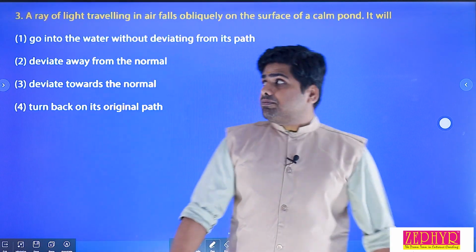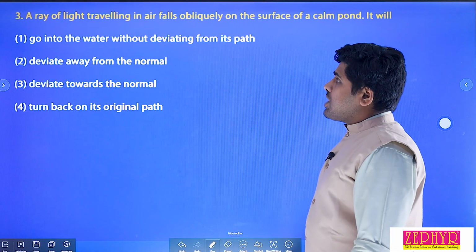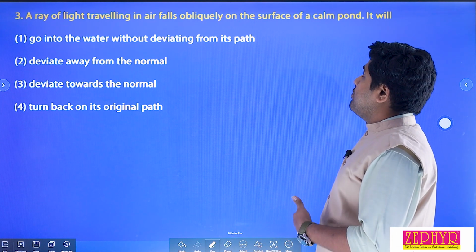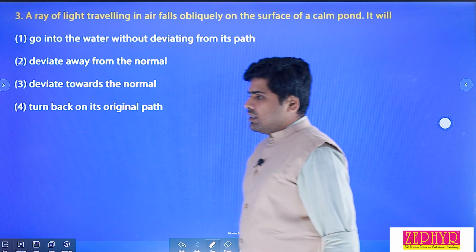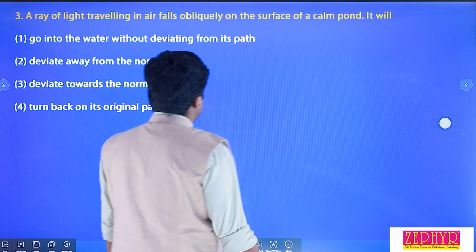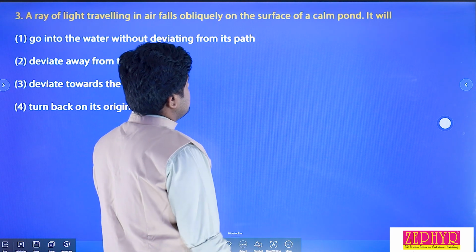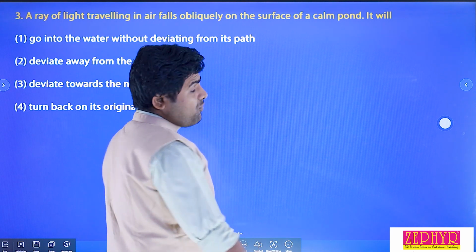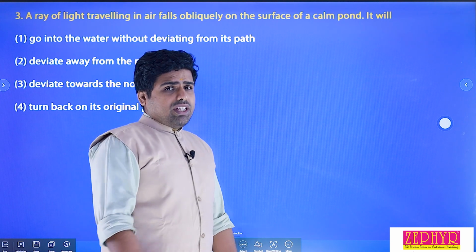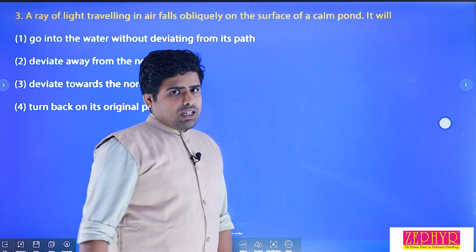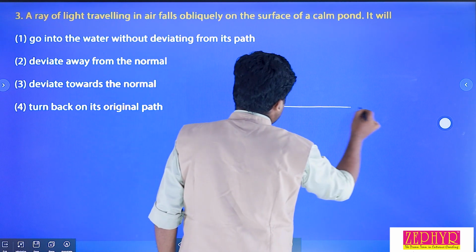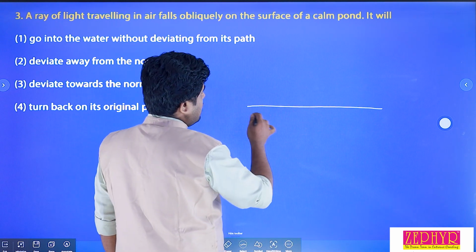Question number 3. A ray of light traveling in air falls obliquely on the surface of a calm pond. It will... This question is coming from the part refraction. What is refraction? Bending of light when it travels from one medium to another medium. Here, consider this line the surface of the water.